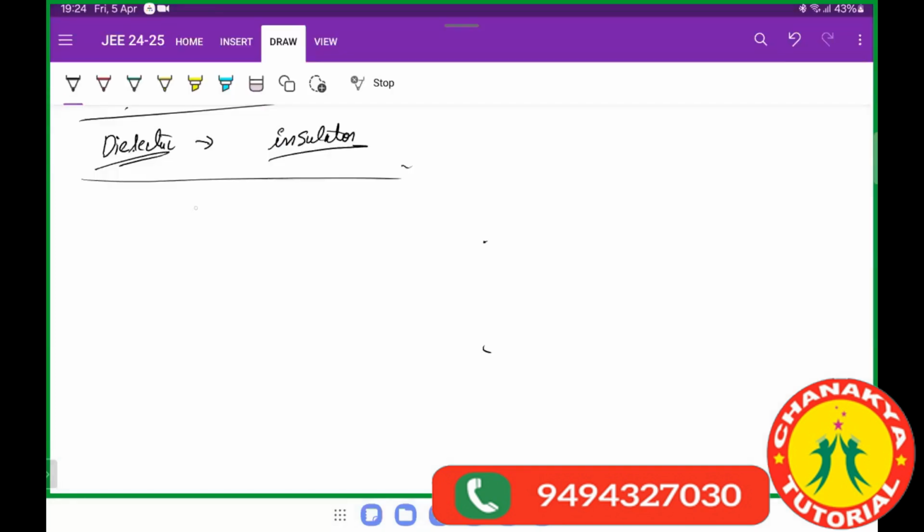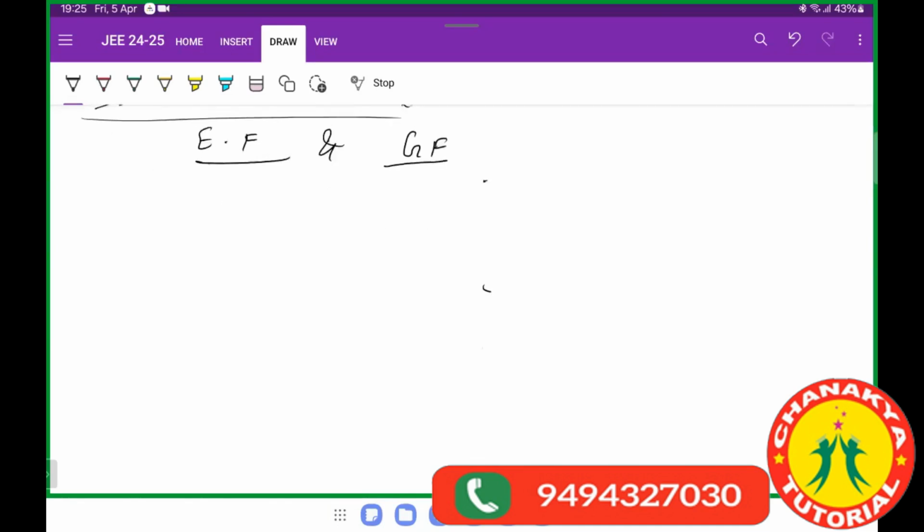So let's see the difference between electrostatic force and gravitational force. What is gravitational force? It is a force between two bodies which is directly proportional to the product of the masses and inversely proportional to the square of the distance between them.